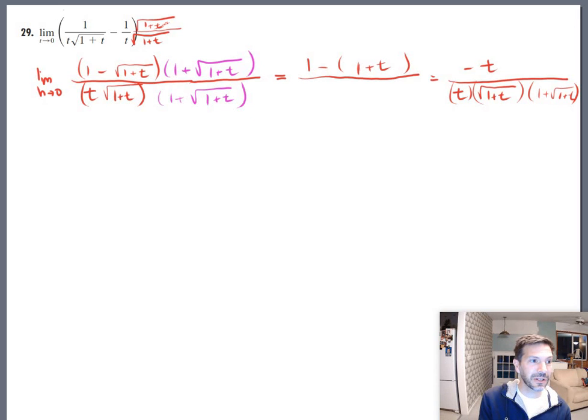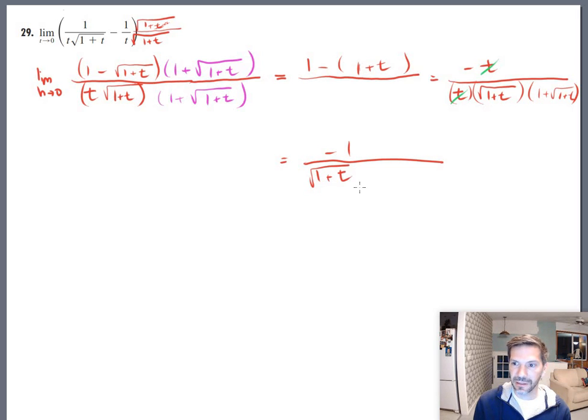Okay, so cancellation, top and bottom, that t and that t. This does leave a negative 1 on the top, over the square root of 1 plus t times 1 plus the square root of 1 plus t.